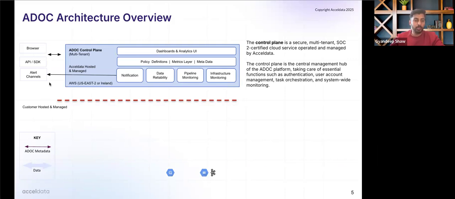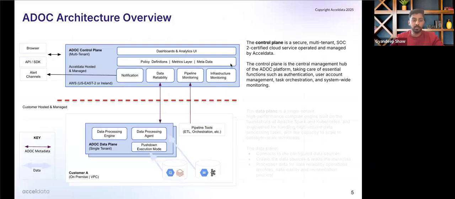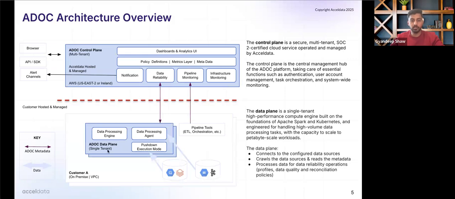There are two parts of the product, which are listed here. The first part of this software is the control plane, which is completely hosted and managed by Excel Data. It has a UI through which the user interacts, and the user creates policies through the UI. That policy configuration gets stored in the control plane databases. The second part of the same software is the data plane.